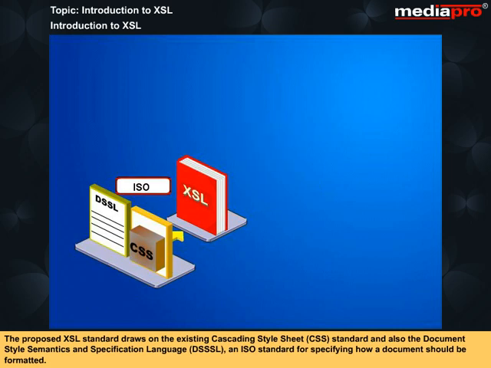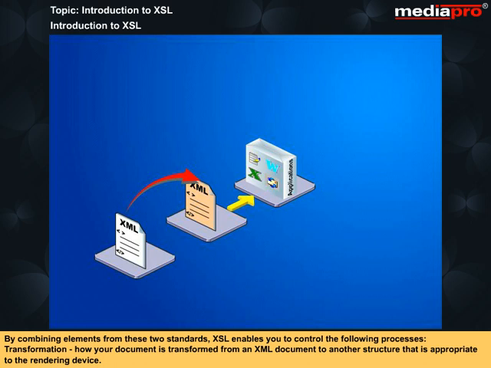The proposed XSL standard draws on the existing Cascading Style Sheet, or CSS, standard and also the Document Style Semantics and Specification Language, or DSSSL, an ISO standard for specifying how a document should be formatted. By combining elements from these two standards, XSL enables you to control the following processes.